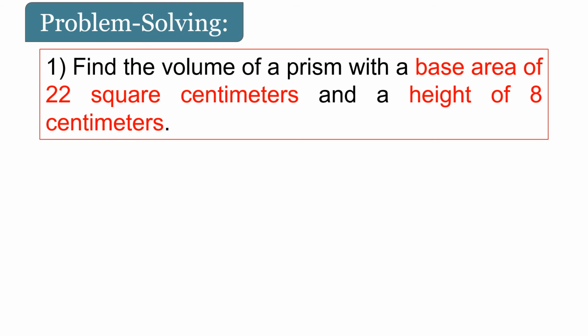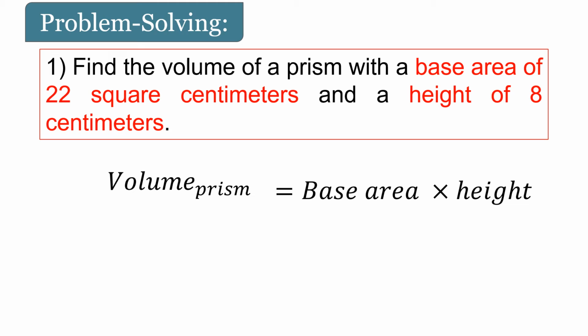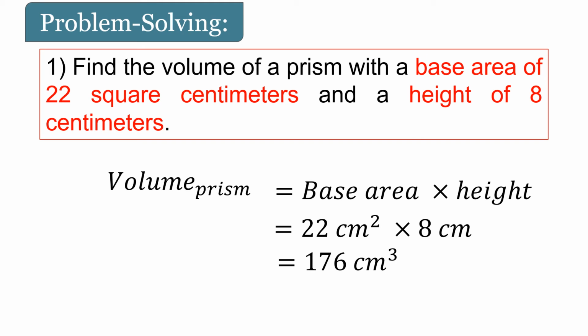So all we need to do here to find the volume of that prism, it is equal to the base area times height. And then we are going to substitute the values for your base area and height, which is equal to 22 square centimeters times 8 centimeters. 22 times 8, it is equal to 176. And the unit is cubic centimeters. So therefore, the volume of the prism is 176 cubic centimeters.